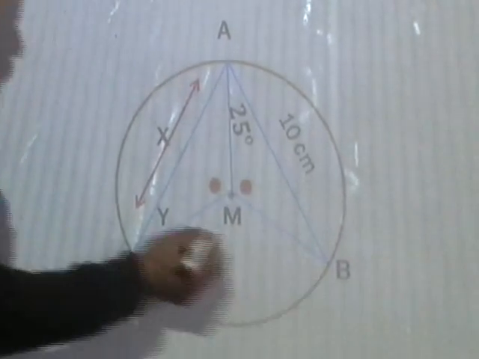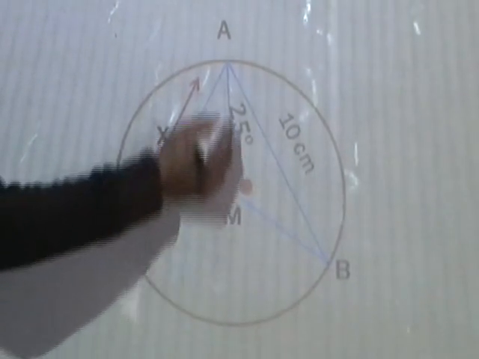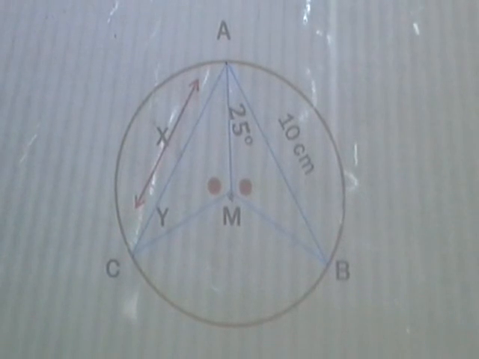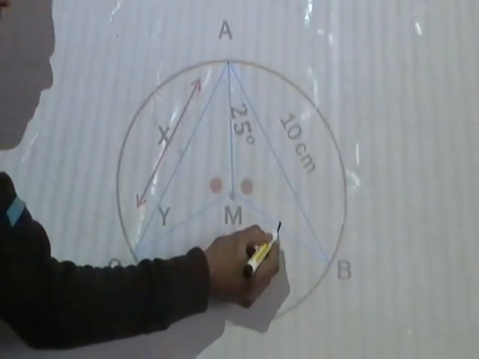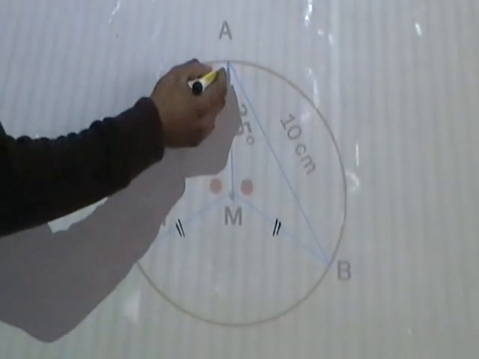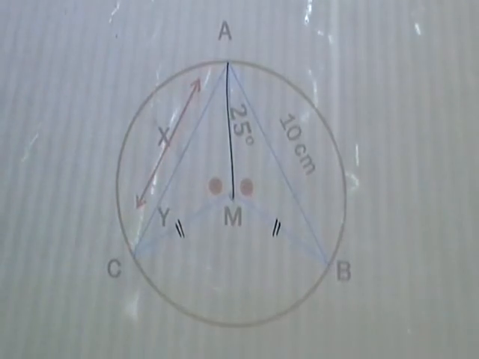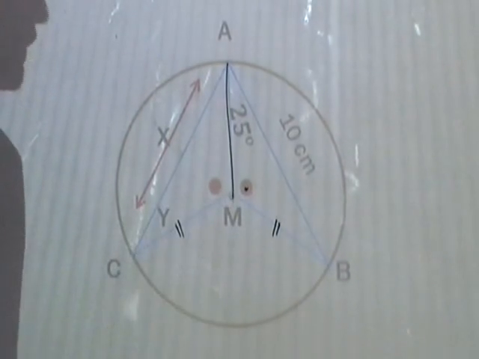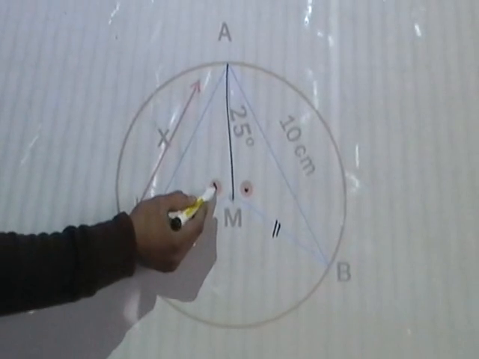I have MB equals MC equals MA because all of them are radii. So we can say that MB equals MC. And we can see that AM is a common side between the two triangles. Also we have this red angle equal to the red one.